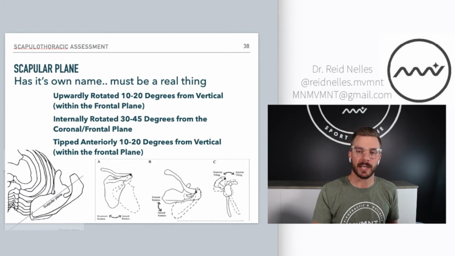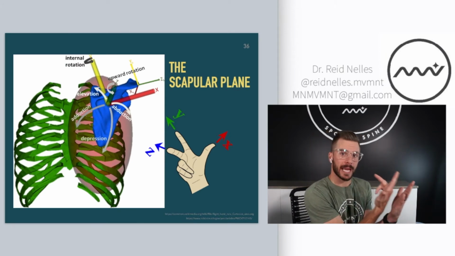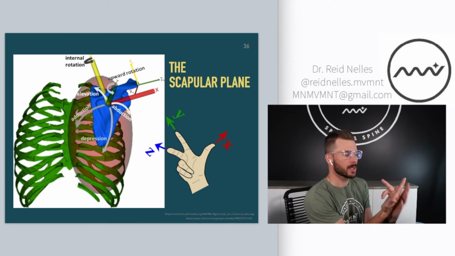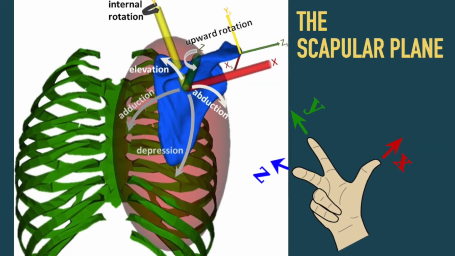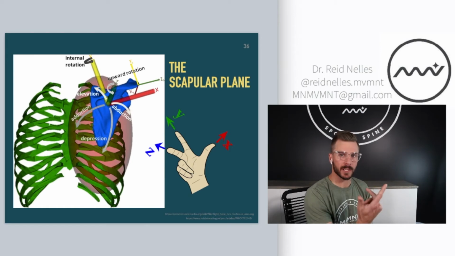So with this plane and this right hand rule, if we were to take our right hand and place it on the back of somebody's right scapula, we have three different axes that we have range of motion in. And forget about the exact degrees of where it's supposed to sit statically. If we're thinking dynamic range of motion, if I were to rotate upon my index finger here, that would be protraction and retraction, right?